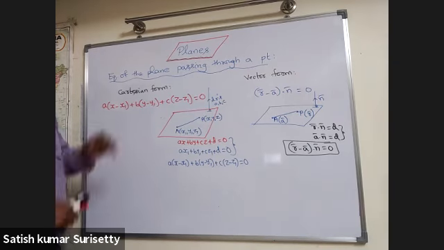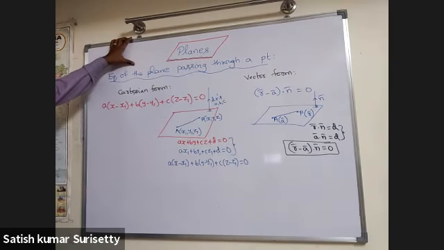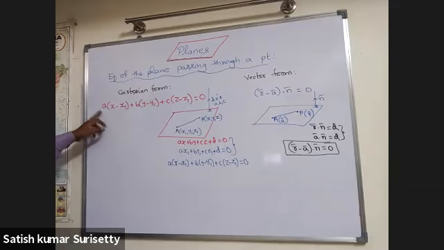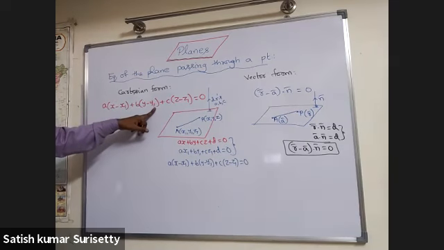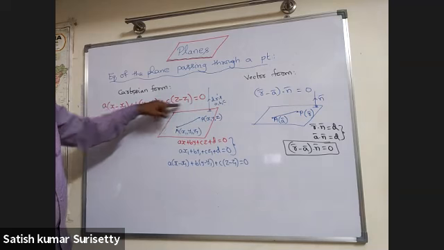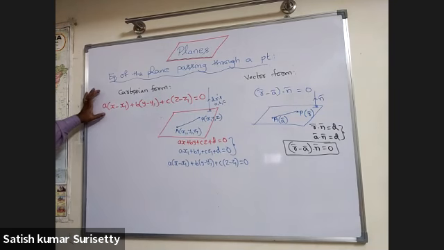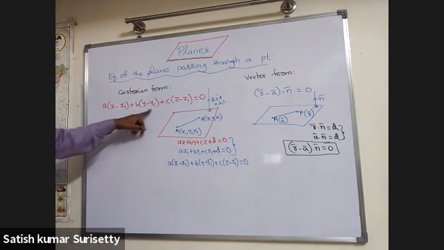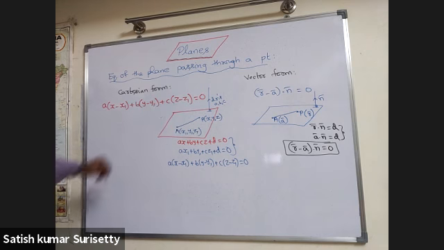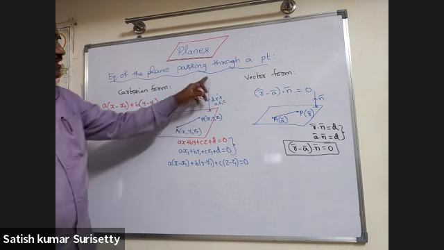Go through once again. Equation of the plane passing through a point in Cartesian form: a into (x minus x1) plus b into (y minus y1) plus c into (z minus z1) equal to 0. That means this is the equation of the plane passing through a point (x1, y1, z1) with direction ratios proportional to the normal being a, b, c.